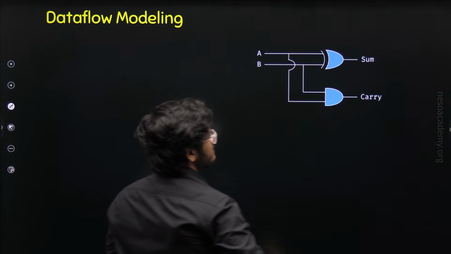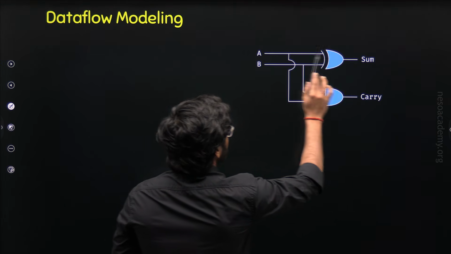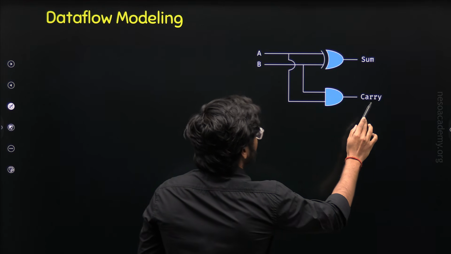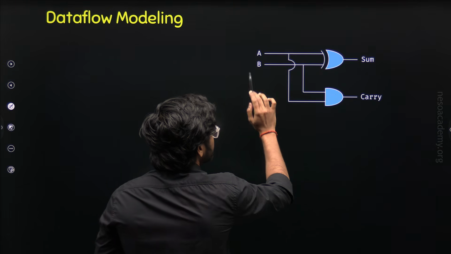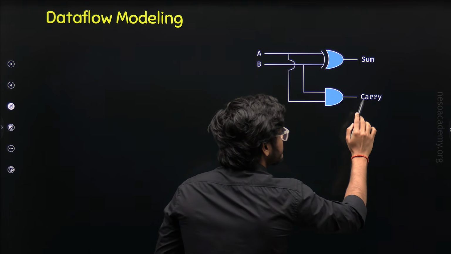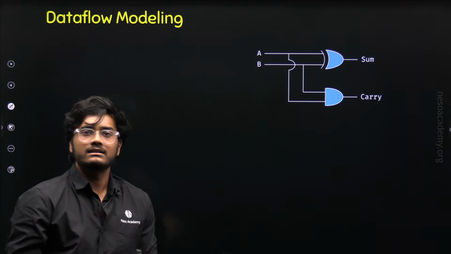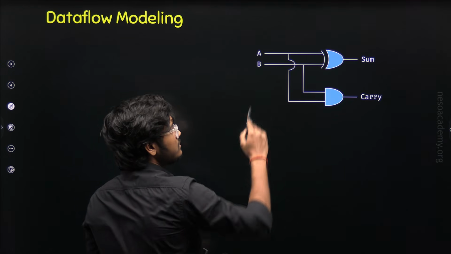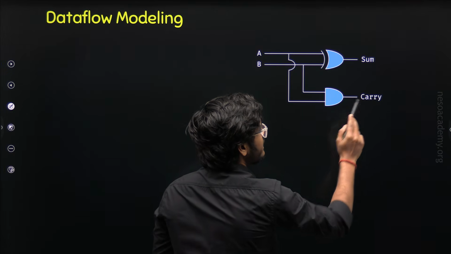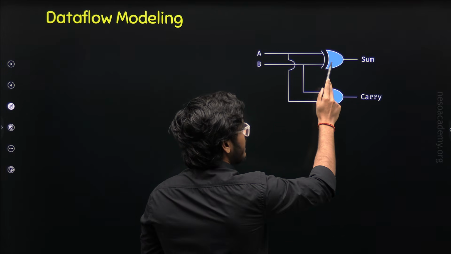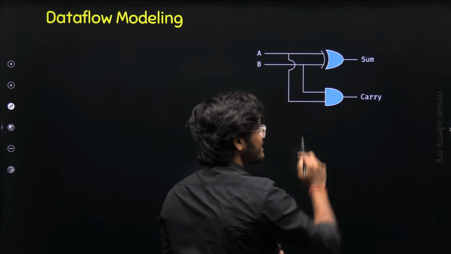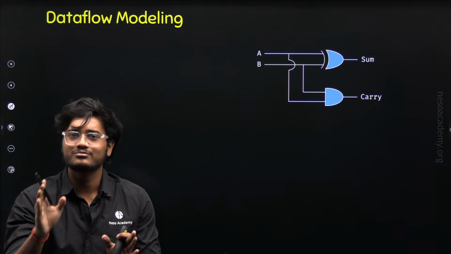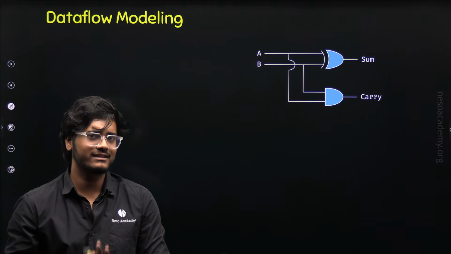Meaning, output sum is equal to A XOR B and output carry is equal to A AND B. Using these two Boolean expressions, we can clearly see that there is a flow of data from inputs A and B to the outputs sum and carry via the logic gates, XOR gate and AND gate. Therefore, we call this modeling style data flow modeling. I hope you understand this.